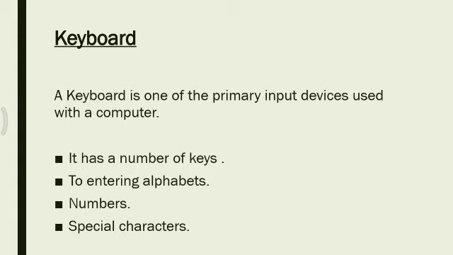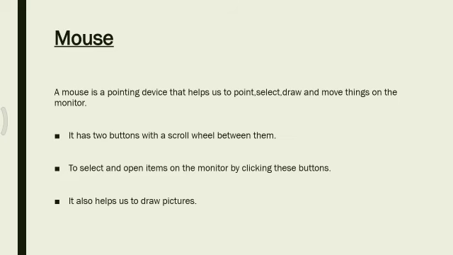characters are there. Then mouse is a pointing device that helps us to point, select, draw, and move things on the monitor. It has two buttons with a scroll wheel between them. To select or open items on the monitor by clicking these buttons, it also helps us to draw pictures.